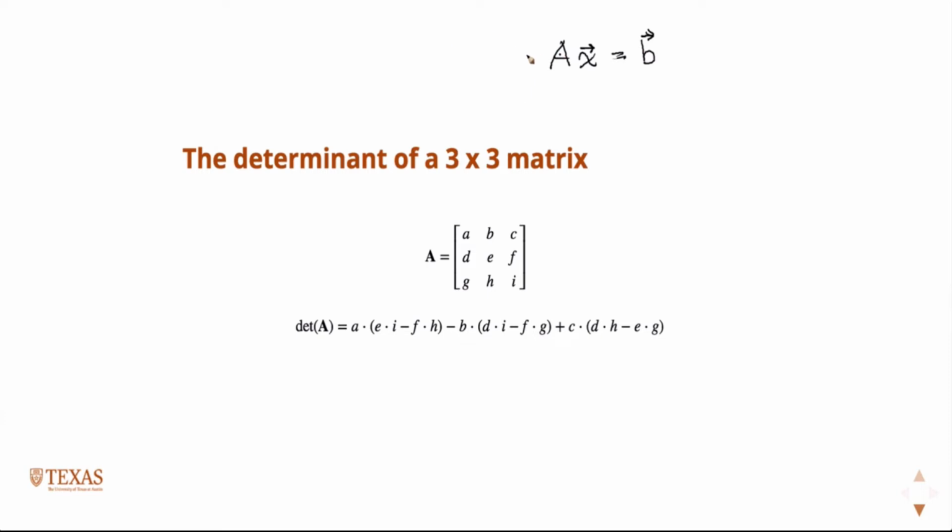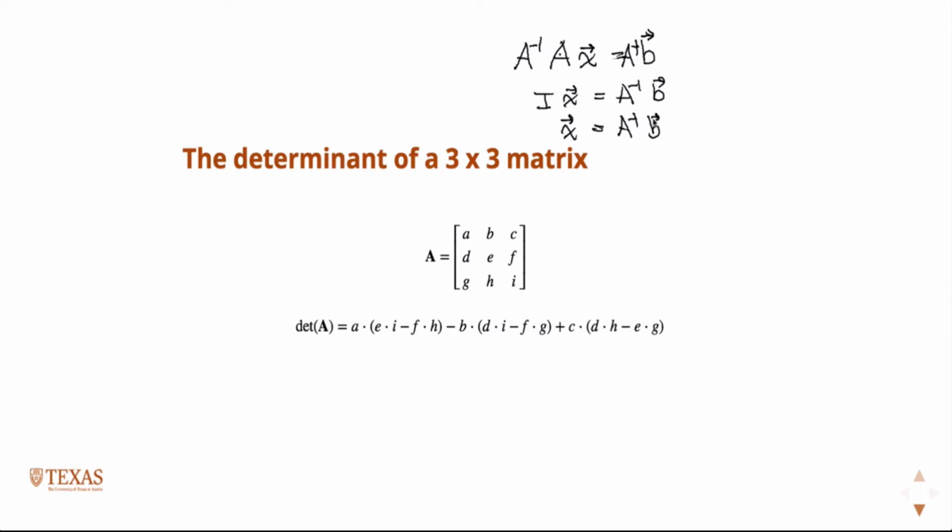But if I multiply both sides of the equation by A inverse, any matrix times its inverse is the identity matrix, and the identity matrix times any vector is just the vector. So that's the solution to that equation.